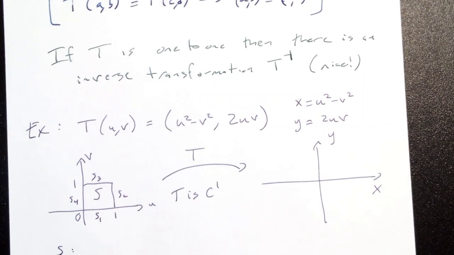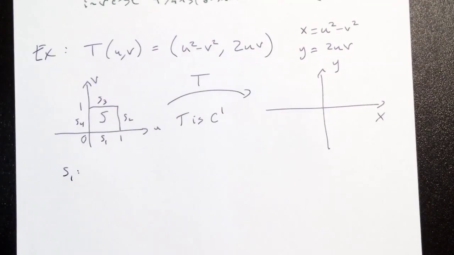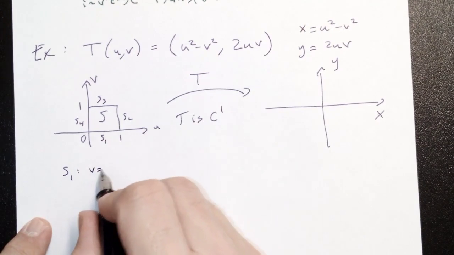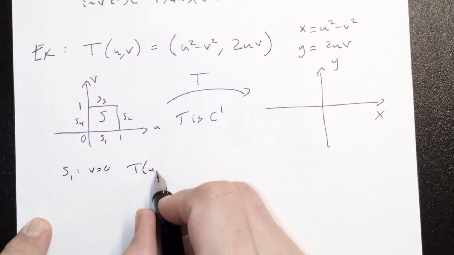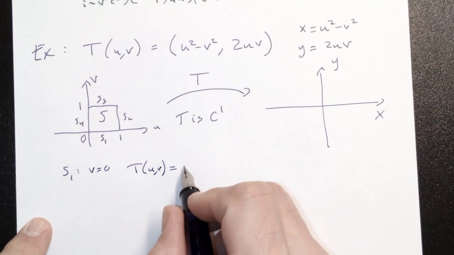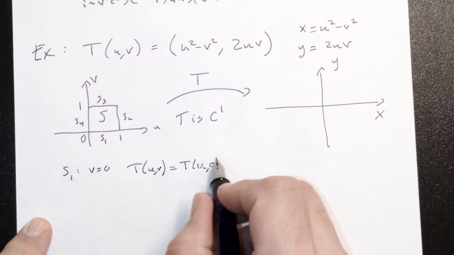What do I know about all the points in side one? Look carefully. Their V value is 0. And if V is 0, then T of UV becomes T of U,0.